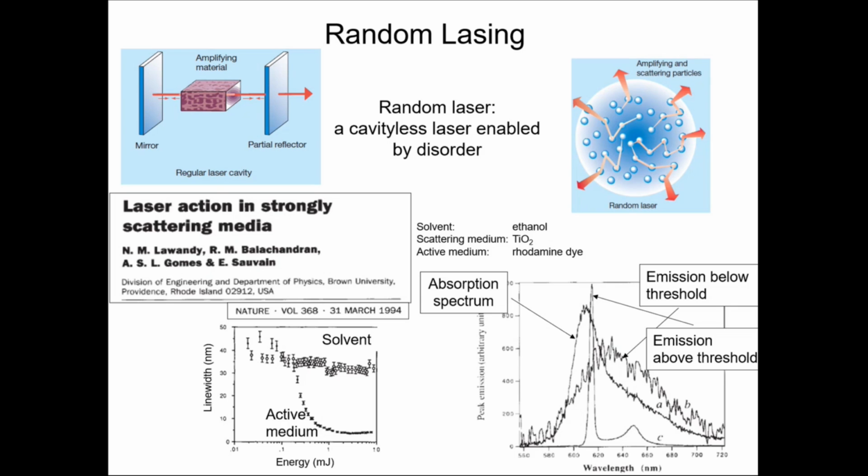If we compare a standard laser on the left top with a cavity and an active medium with a random laser, a random laser is a cavityless system in which you can get lasing because, of course, you have gain, light amplification, because some dopants are able to produce amplification of emitted photons. You have spontaneous and eventually stimulated emission, but the cavity is given by random scattering. So the scattering available in such a random medium provides feedback, optical feedback.